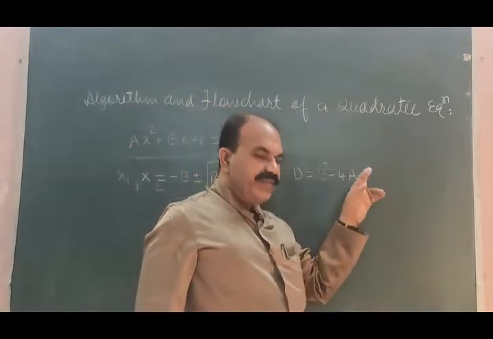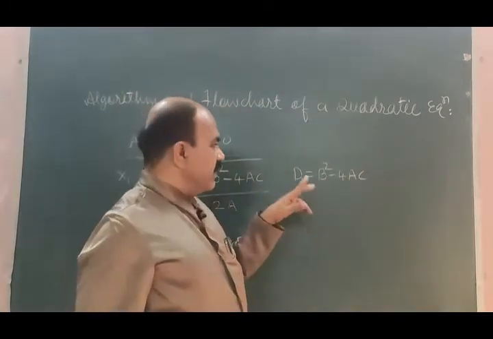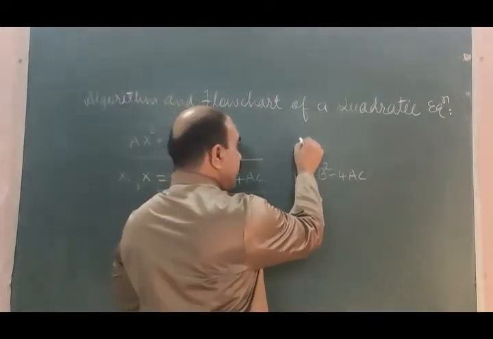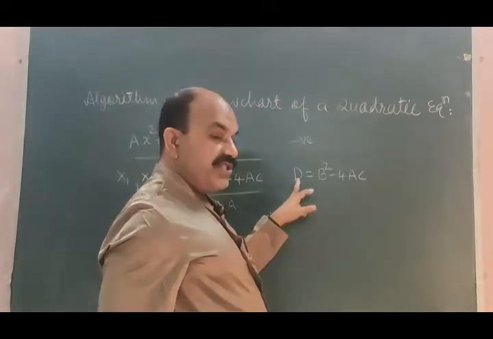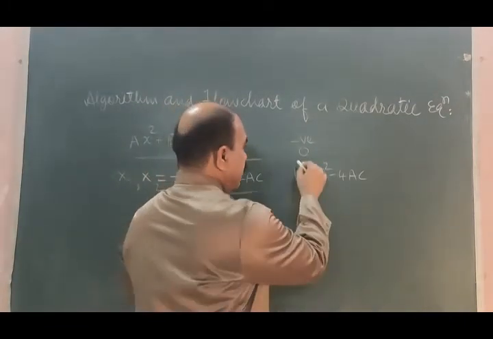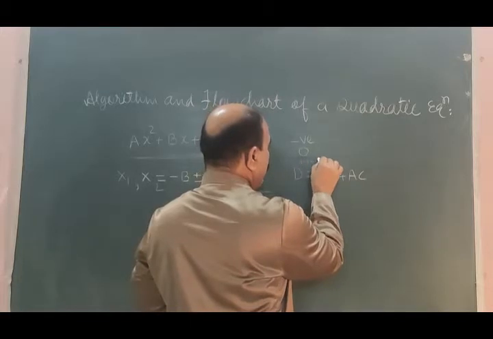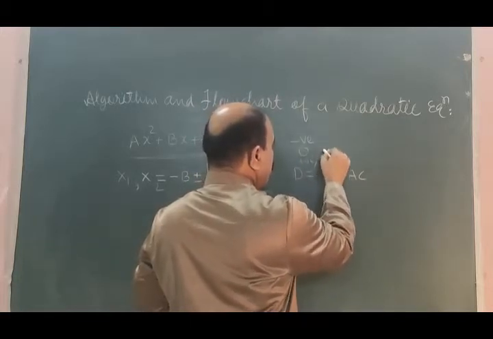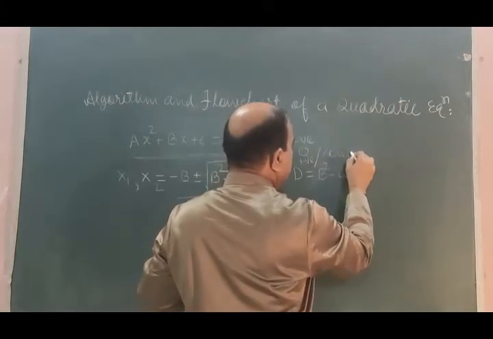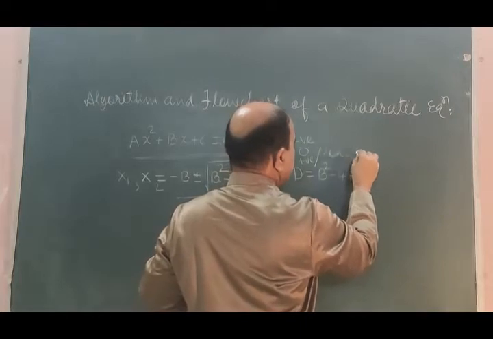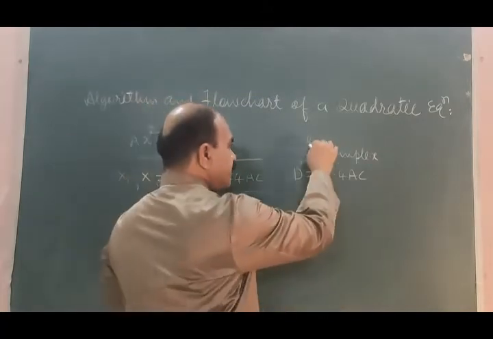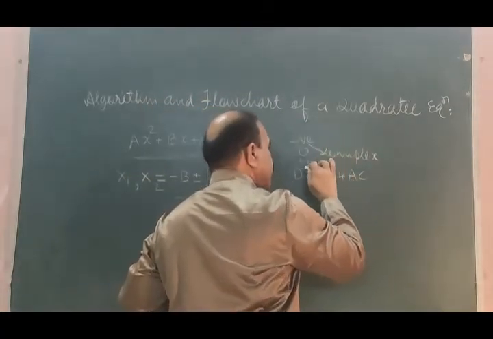Now let us see how this plays a very important role. Depending on the values of this a, b and c, this d may be negative, this d may be 0, this d may be positive, or this d may be complex.